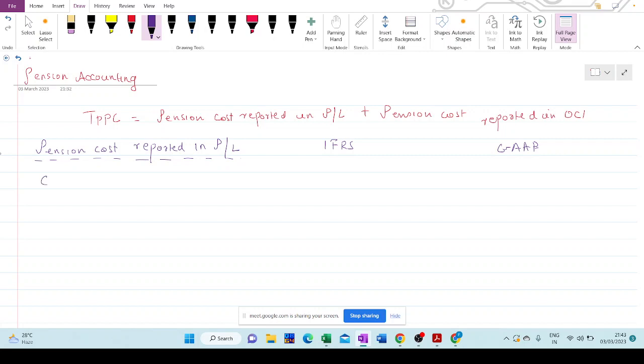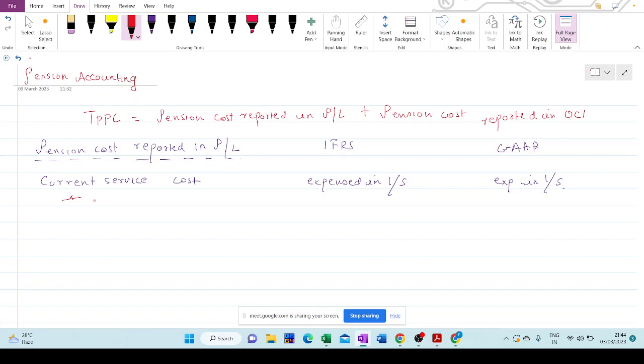We said that current service cost was expensed in the P&L, in the income statement, under both IFRS and GAAP. What was current service cost? Guys, do you remember? Anil, what was the current service cost? Anil, are you listening? Yes, sir. Current service cost was the present value of additional benefits that an employee receives by working for one more year.